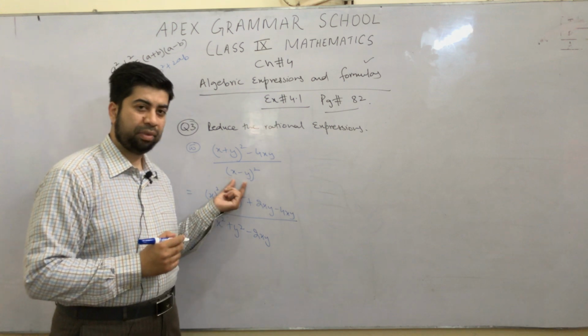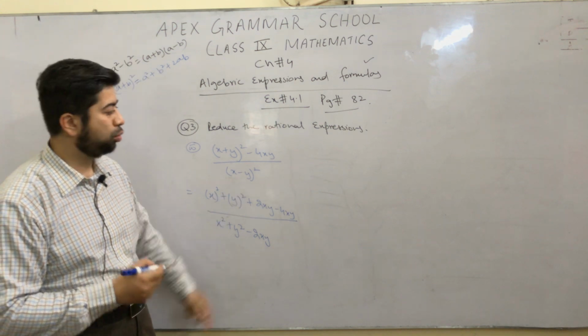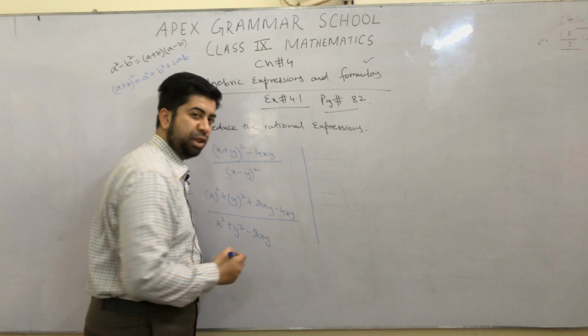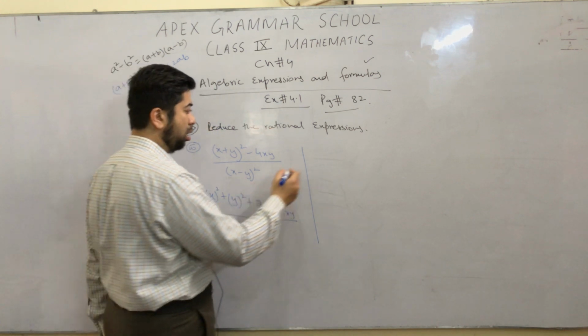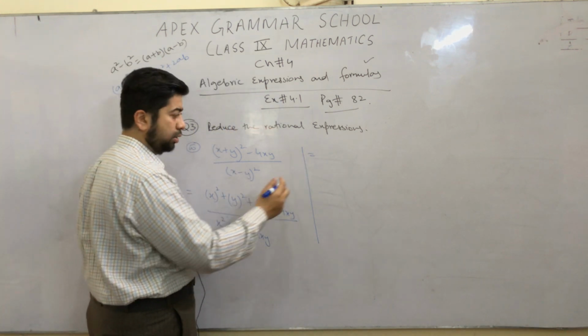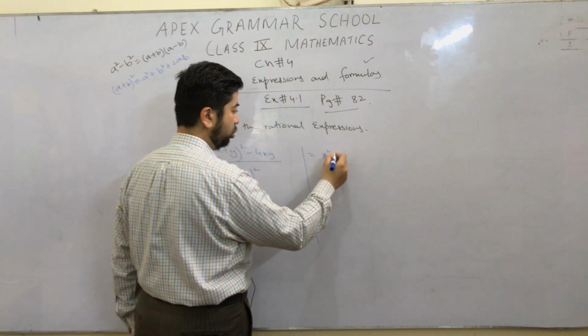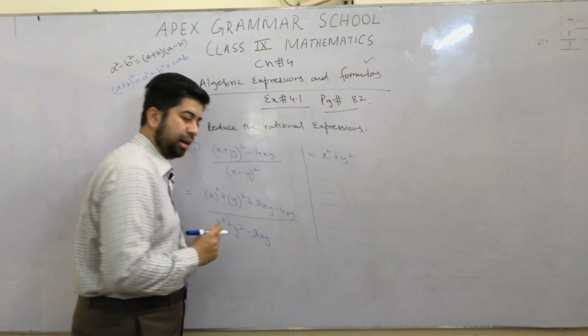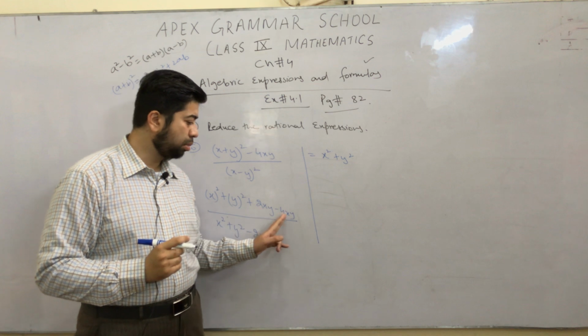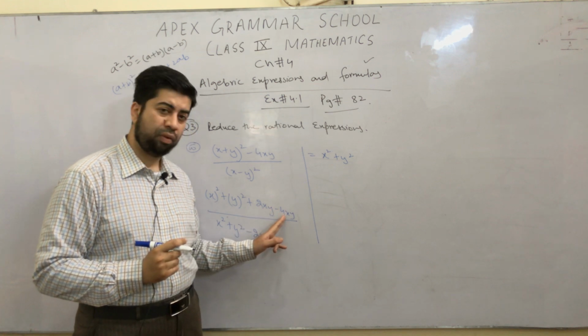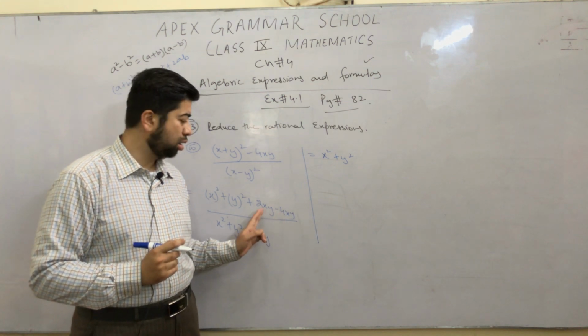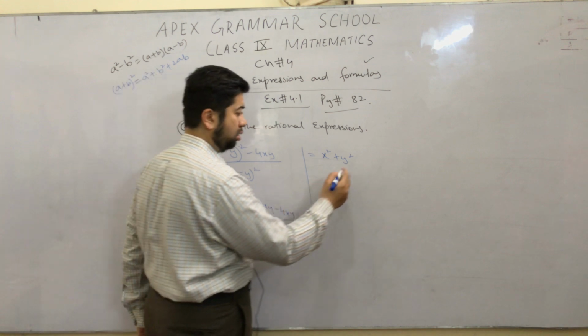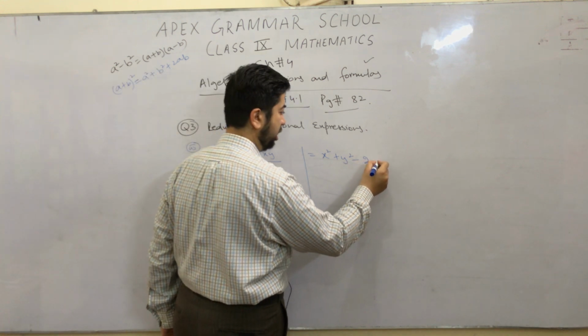It is like a minus b whole square, that is equal to a square plus b square minus 2ab. Now apply these squares on these variables, x square plus y square and plus 2xy minus 4xy. These both values can be added or subtracted at a time, so our answer will be minus 2xy.